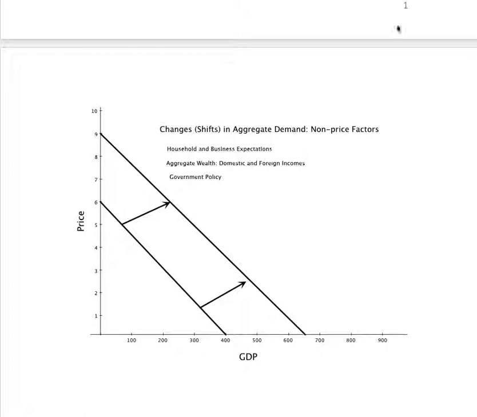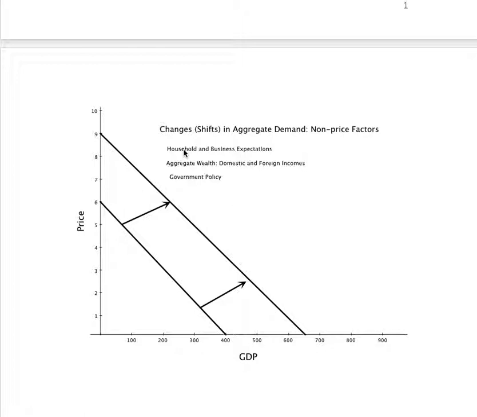So when households and businesses expect things to get better, it's going to cause this aggregate demand line to shift to the right.